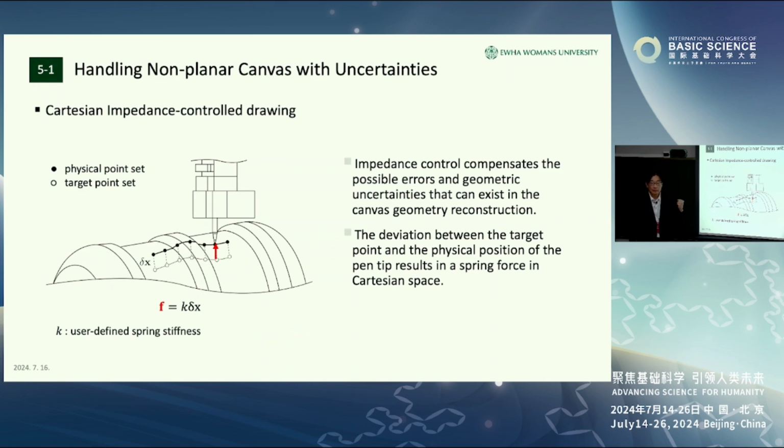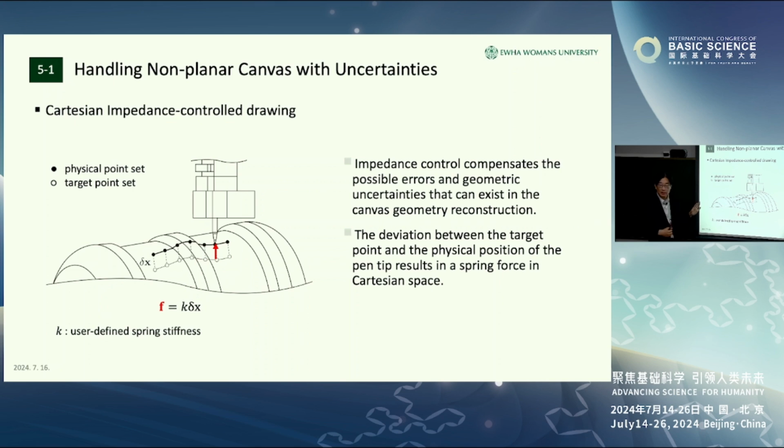So in our case, we solved this uncertainty problem using so-called impedance control. Impedance control, as far as I know, is not very well used in computer graphics, but in robotics it is very well known, especially for haptic rendering. So impedance control is basically like a virtual spring. The robot arm acts like a virtual spring. In other words, you can control the stiffness of the spring depending on how you want.